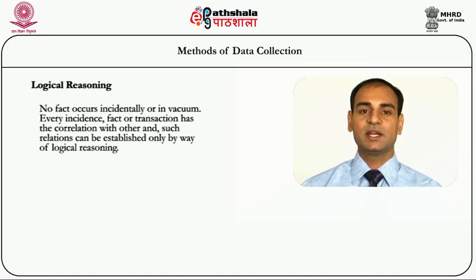For establishing that relation between the problem and the data collected, reasoning is required: legal reasoning, rational reasoning. That means the decision or logic applied, reason given, or any argument given for the admissibility or rejection of any information should be good.